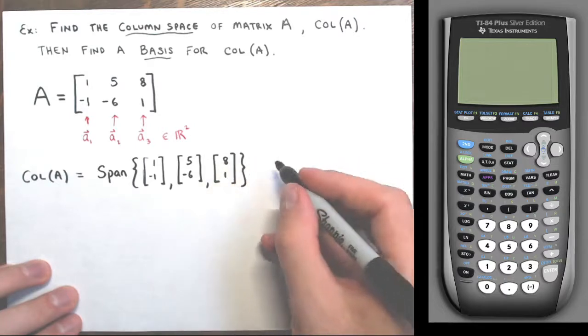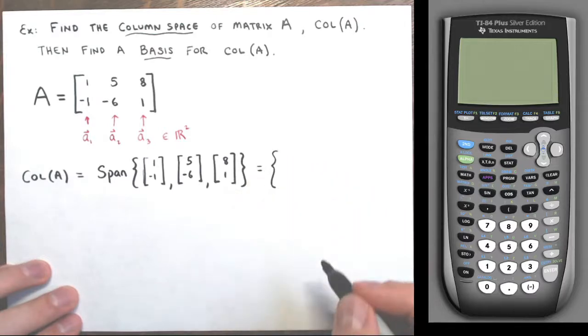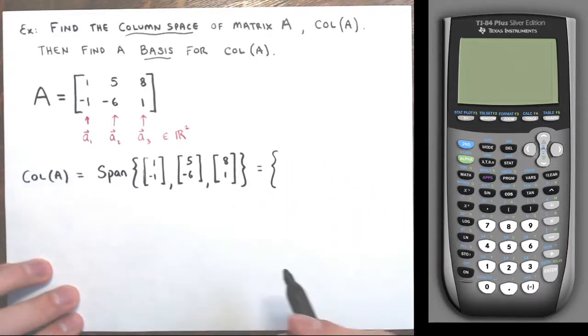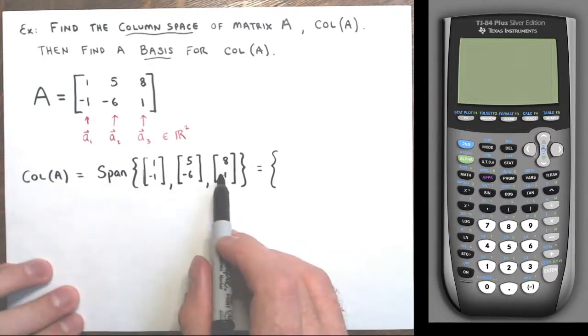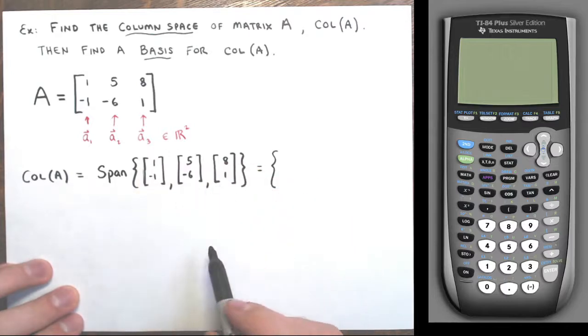Or another way to write it, as I was saying on the page right before this, the span of a set of vectors is the set of linear combinations of those vectors.